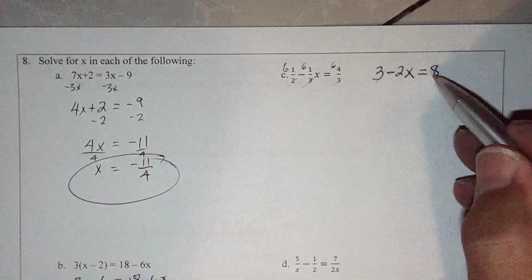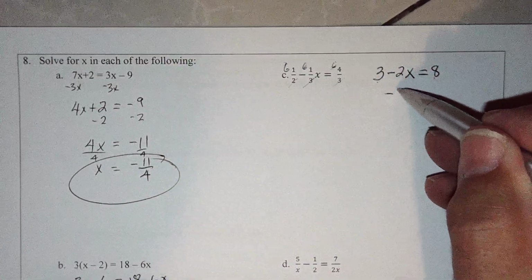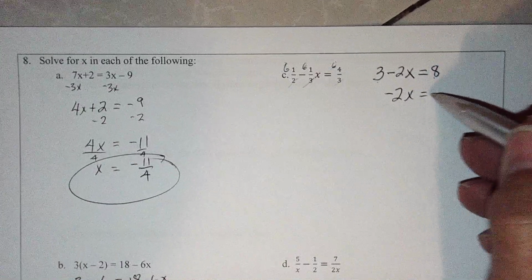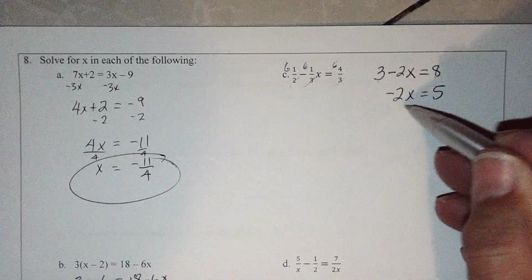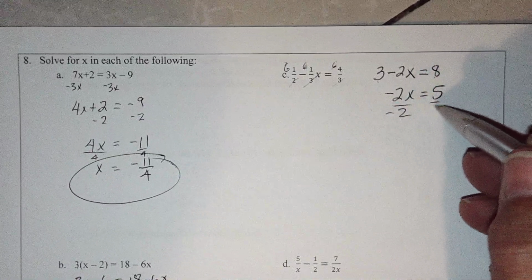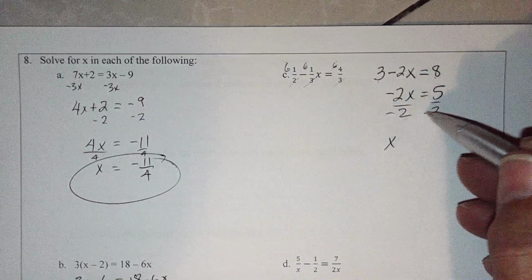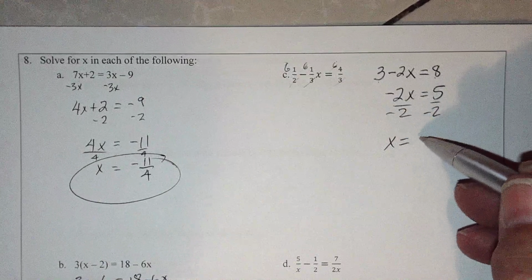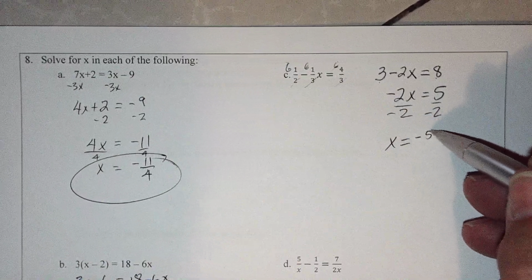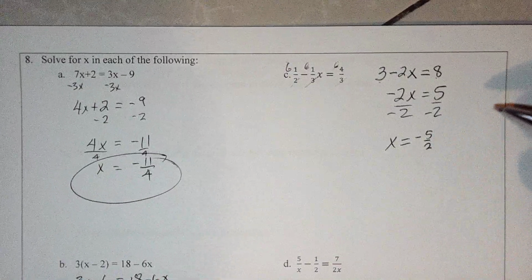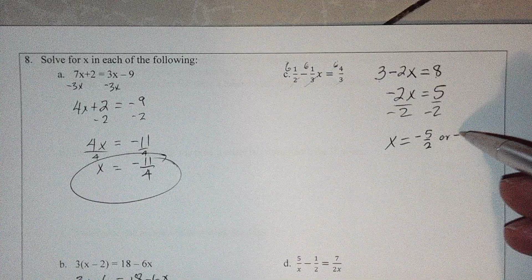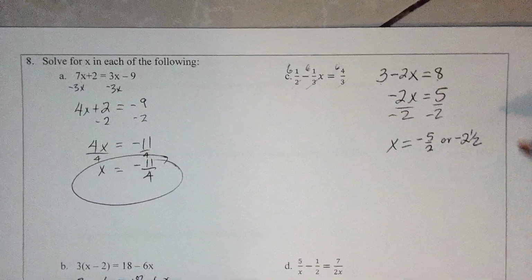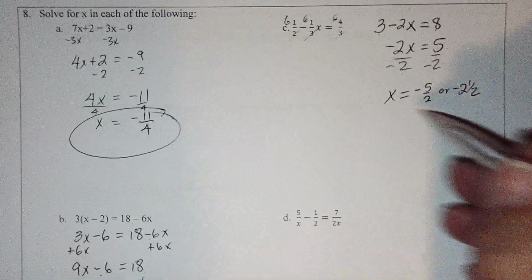And then I'm going to subtract 3 from both sides. I'm going to get minus 2x equals 5. I'm going to divide by minus 2. And I'm going to get x equals negative 5 halves, or negative 2 1/2, or negative 2.5.